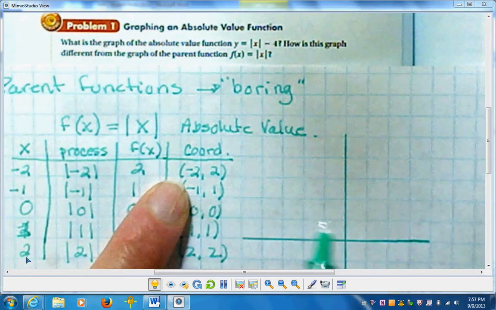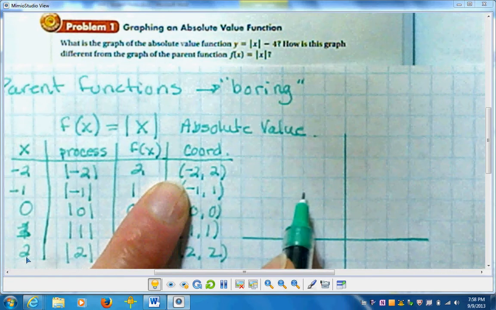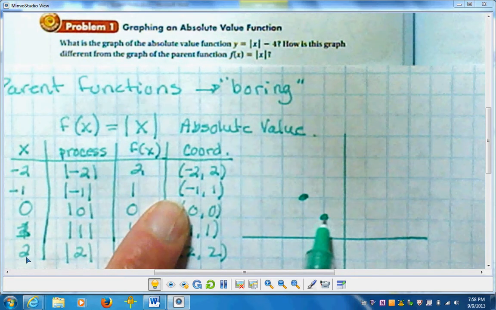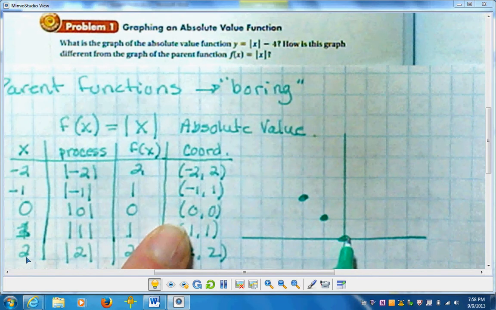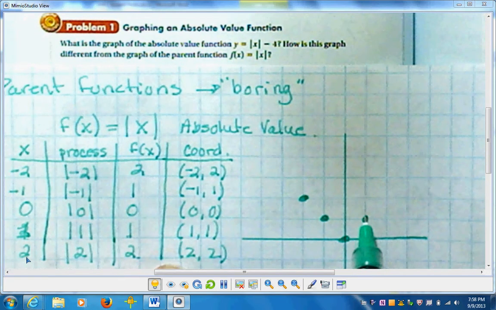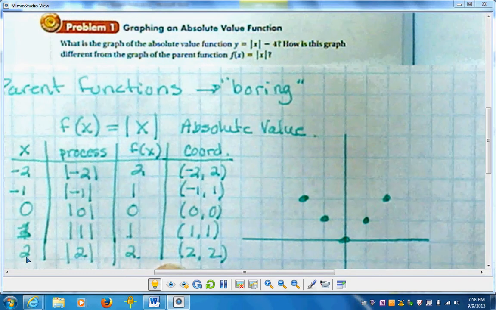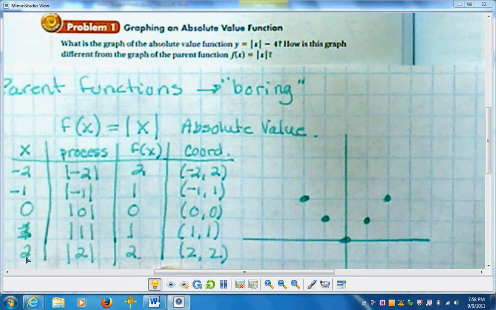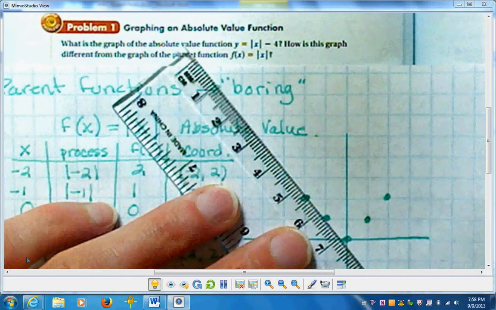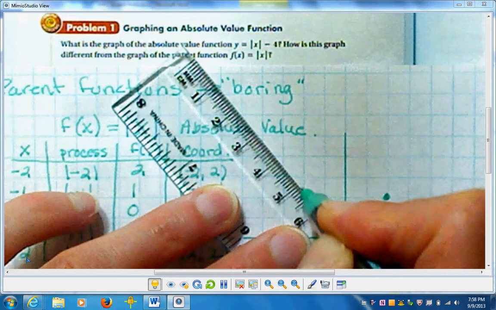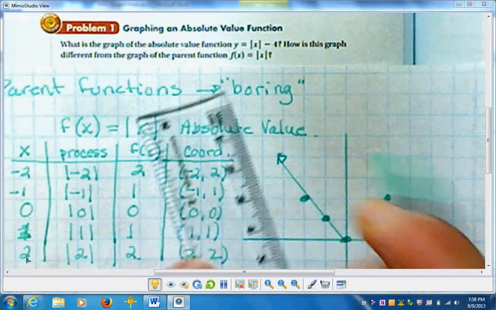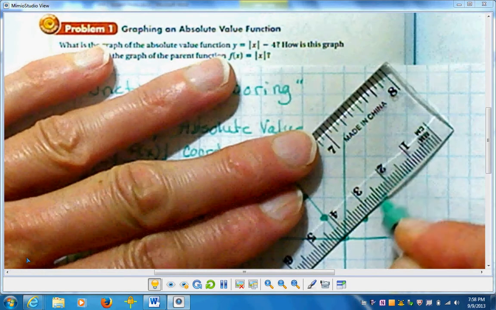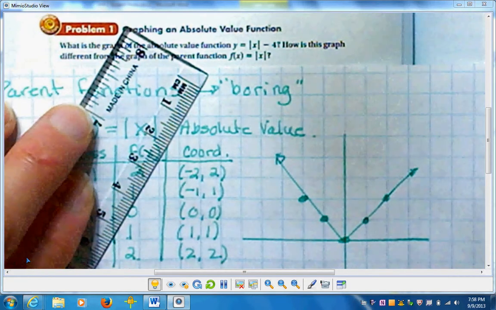So I have (-2, 2), (-1, 1), (0, 0), (1, 1), (2, 2), and it would keep going. Because it's a function, it's going to keep going. So this is my parent function, and everything we do is going to be compared to the parent. Okay? So that's my parent function.